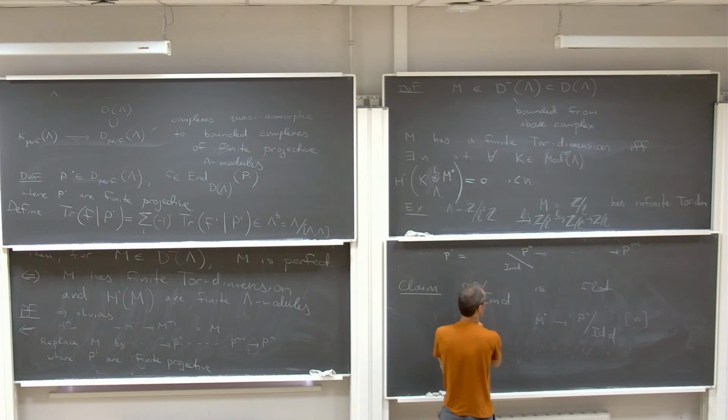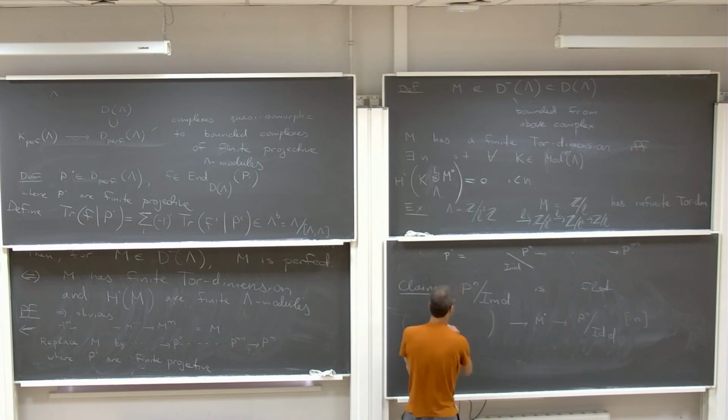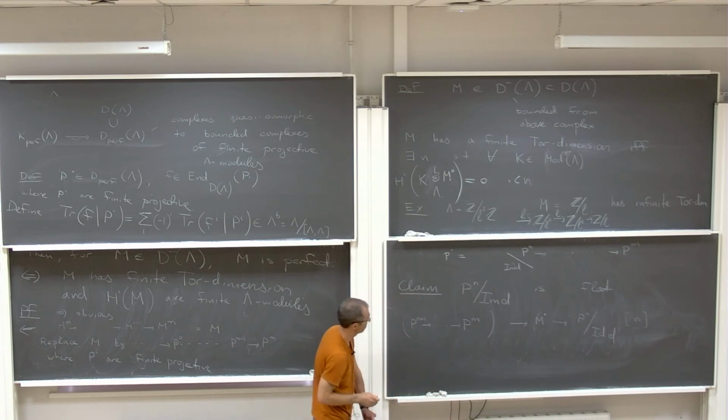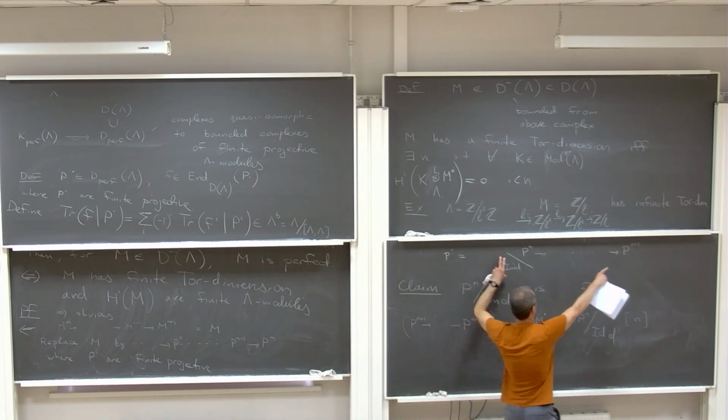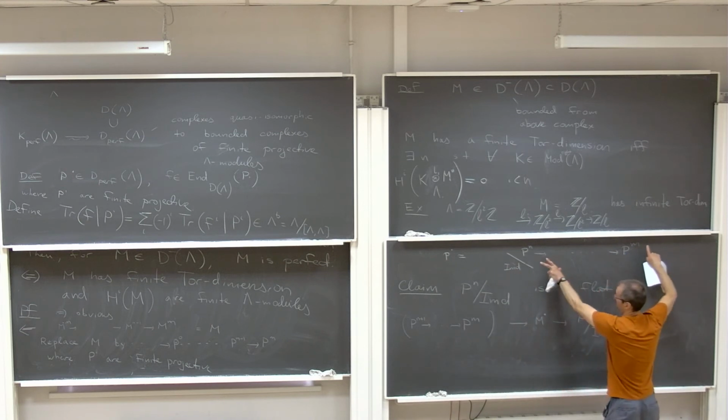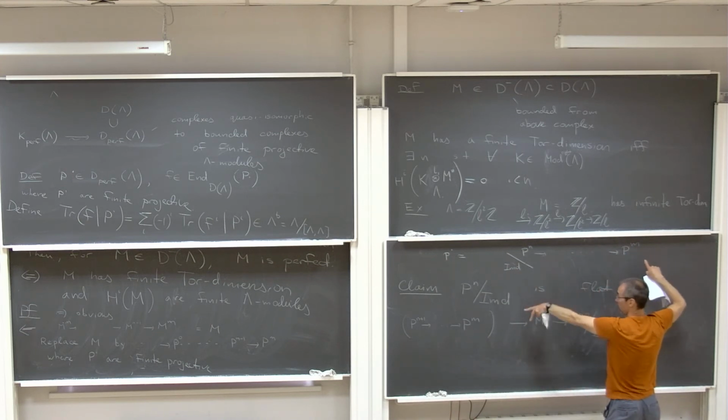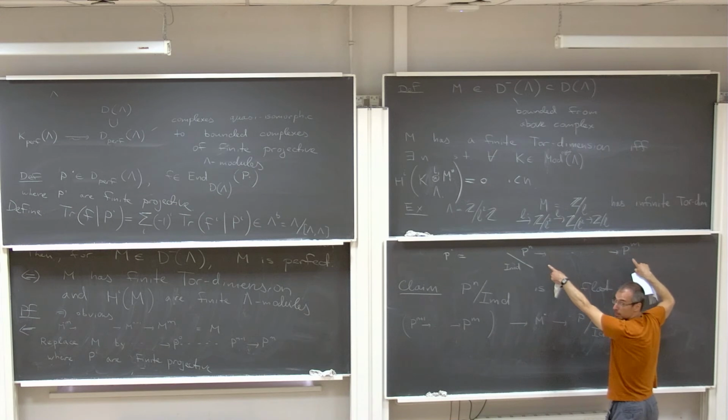And the quotient, well, look at the triangle. It will be the following complex, Pn plus 1, ..., Pm. You just take this complex, and it fits into a short exact sequence of complexes.